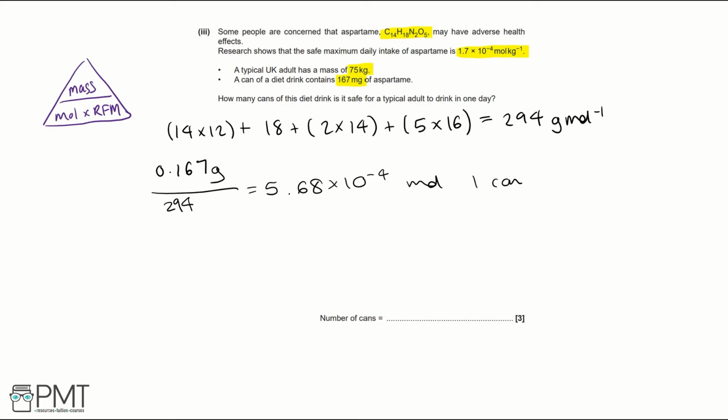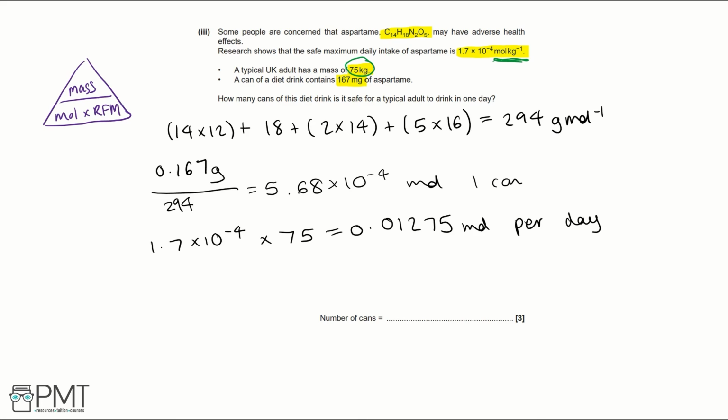Now we need to work out the number of moles per day. That's going to be 1.7 times 10 to the negative 4 multiplied by 75. So that's using the units of moles per kilogram and then multiplying by kilogram to just get moles. And this equals 0.01275 moles per day.